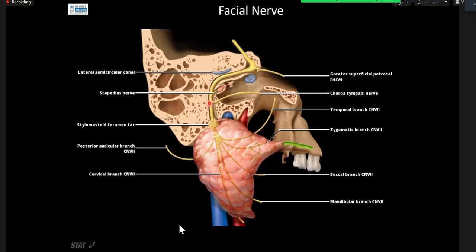As it goes down, there is another important branch which comes out. This is the chorda tympani.